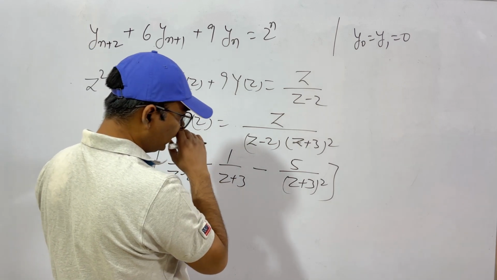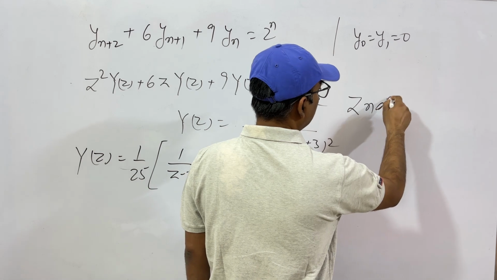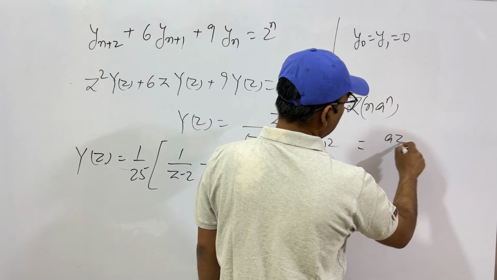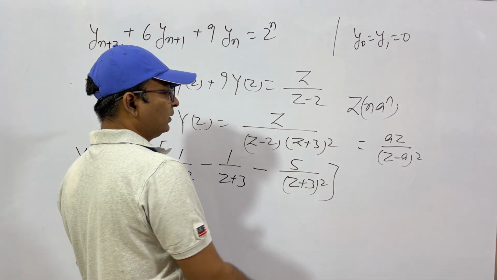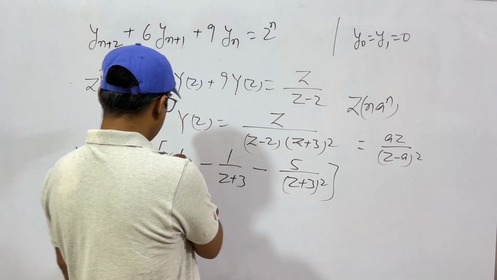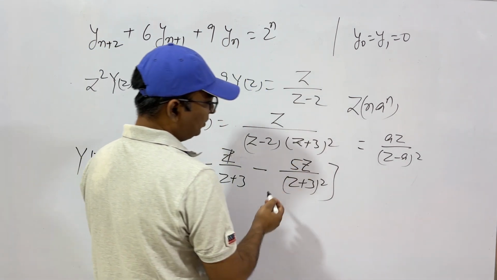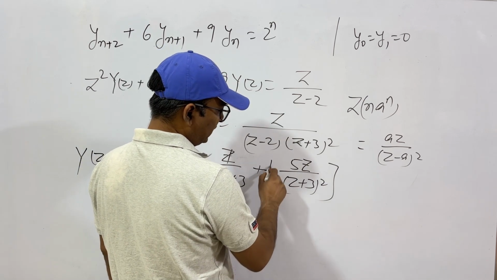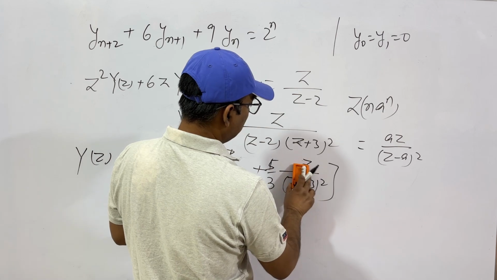If you remember, the z transform of n into a to the power n was a z by (z minus a) square. So here we have minus 3. If we put minus 3 here, minus minus is plus, so we divide it by 3, so that we put minus 3 here.